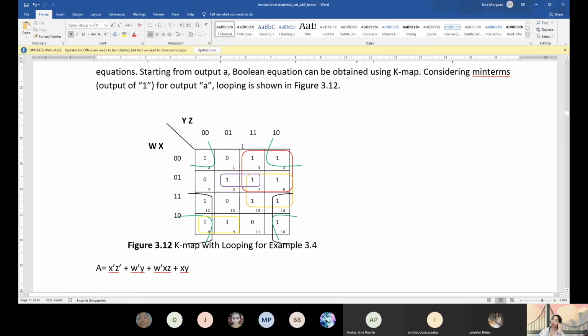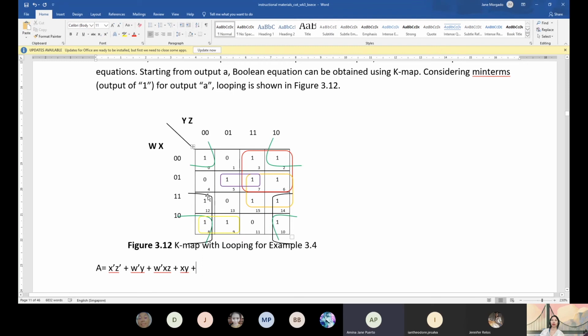Because the more members you have in a loop, the fewer the literals. Of course, the fewer the literals, the easier the implementation. Right? No question? Wala po.